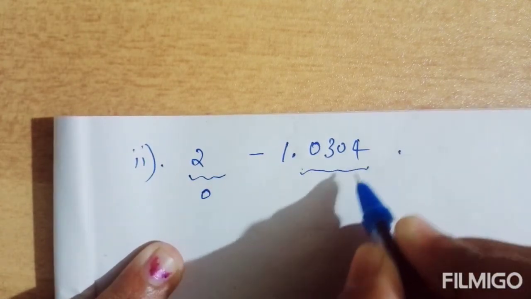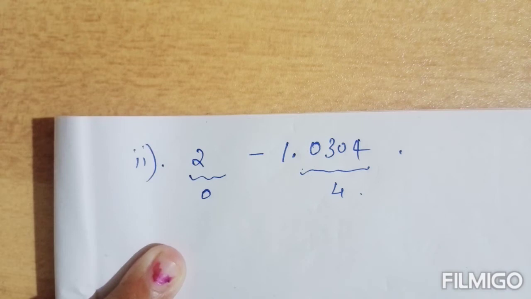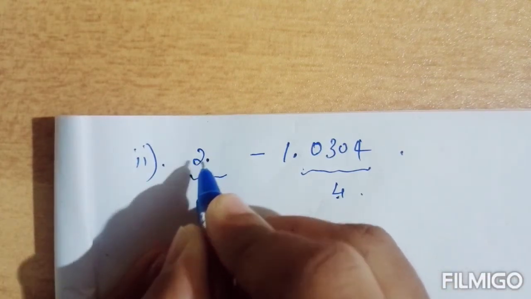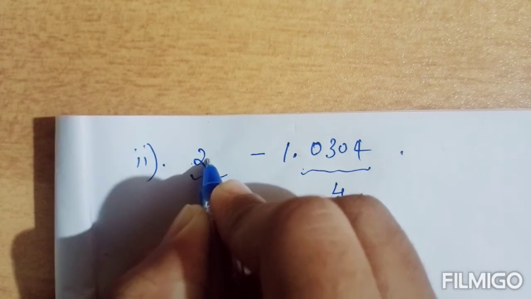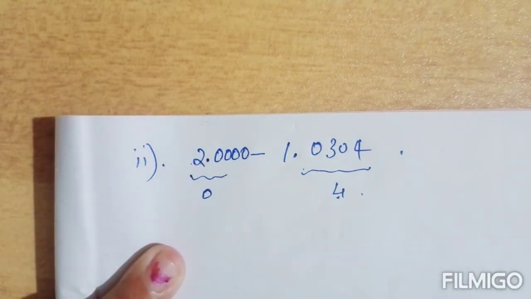Here 4 digits are coming after the decimal point. They are unlike decimal numbers. Okay, make them like decimal numbers. Maximum it is 4. So after 2, after the decimal point, you can put 4 zeros.